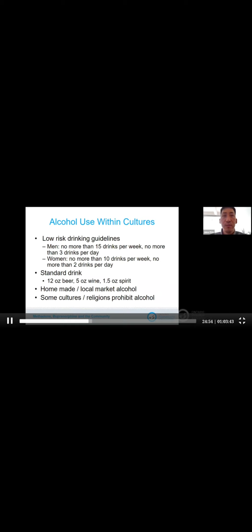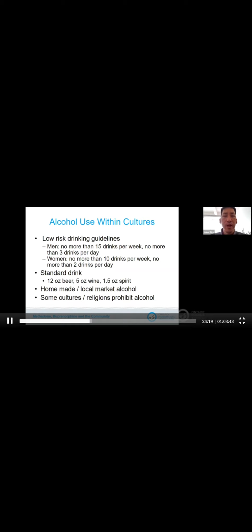So it's important to make sure that you're comparing apples to apples. We all know that there are standard drinks, which include 12 ounces of beer, equal to 5 ounces of wine, or 1.45 ounces of spirits. So when people are describing their alcohol use specifically, it's important to get a good idea of how much they're actually drinking.